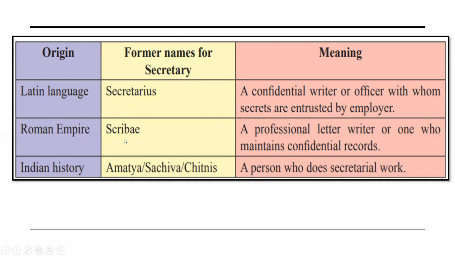In the Roman Empire, as I told you, it is called scribe, a professional letter writer or the one who maintains confidential records. Indian history calls secretary amatya, sachiva or chitnis, a person who does secretarial work. So this is how the origin of secretary took place from ancient periods.